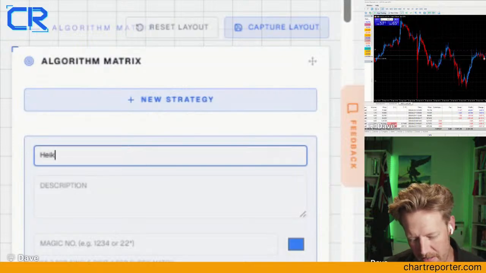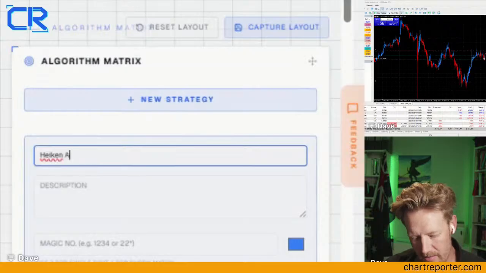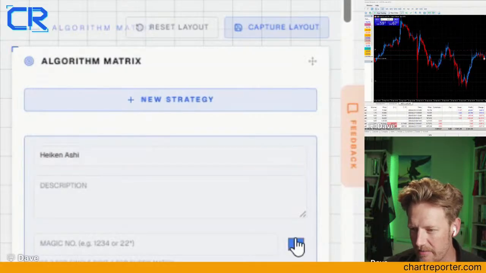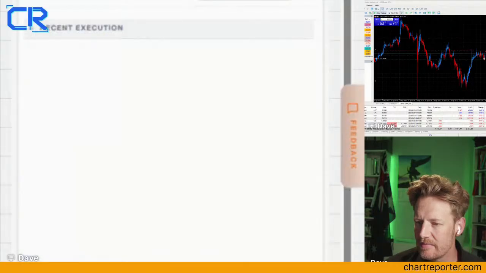And we're just doing all the different strategies. I should maybe try and stick to one strategy. We're going to call this the Heikin Ashi strategy. It can be pink. We'll go red. Red for Japan, land of the rising sun. All right.